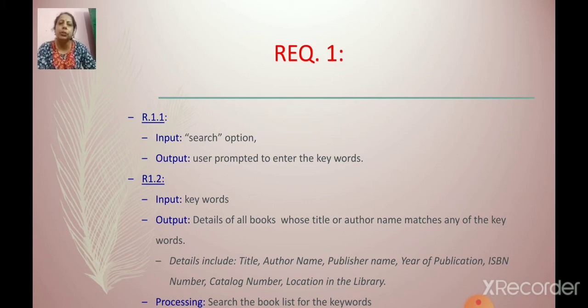If the keyword matches, it will display all these things. Processing: search the book list for the keyword. How it is processed is not written in the SRS document. It only writes the input and the output of a function.